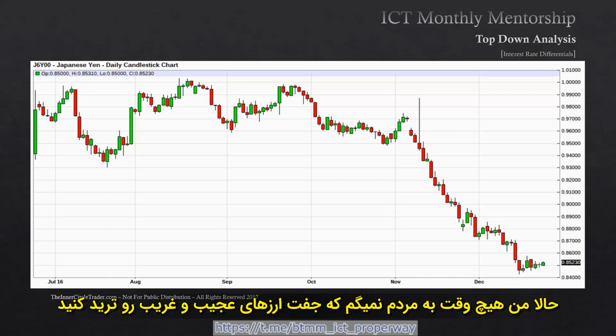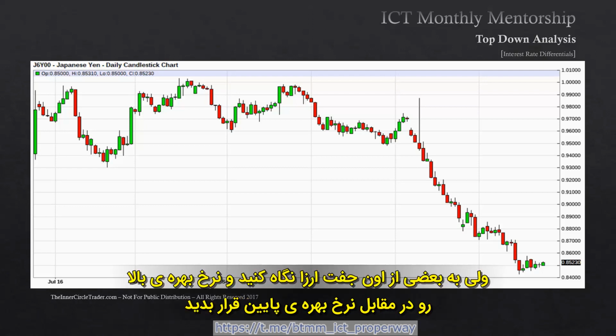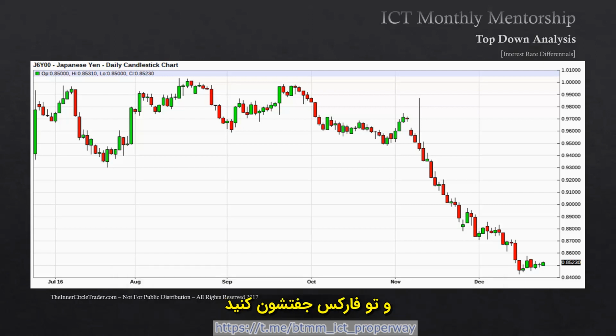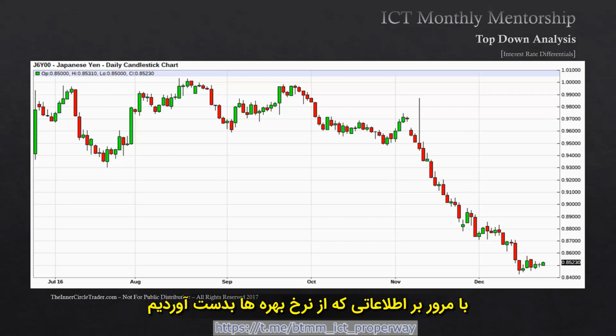Now, I don't tell people or even advise people to trade exotic pairs. Exotic pairs would be like Euro Swissy, or something like that. But look at some of those currency pairs that have a higher yielding interest rate versus a lower interest rate, and how you would pair them up in a Forex pair, and look at the respective price action in the last 3 to 6 months on those pairs, viewing the information that we're using from the central bank level at the interest rate.